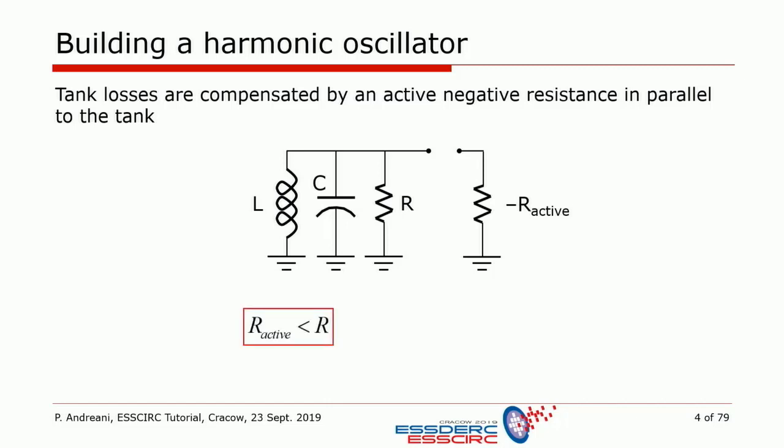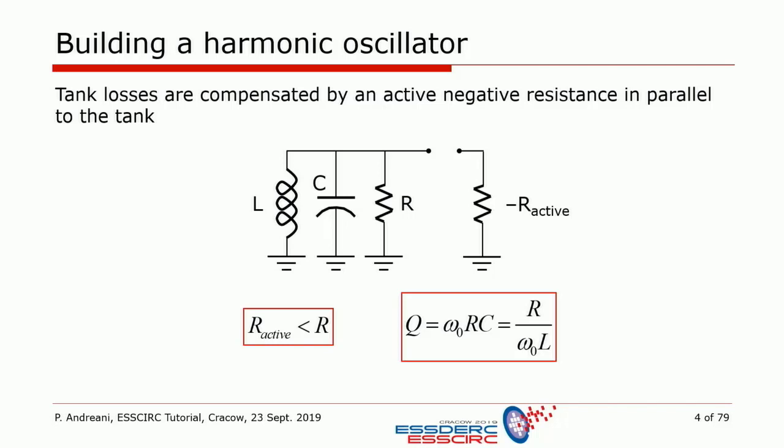Notice that since it is in parallel, in order to make an unstable system, which is what an oscillator is, we need an R active that in absolute value is lower than R. And if it is lower, then it really means that we have to burn more power. We would like this to be really high.